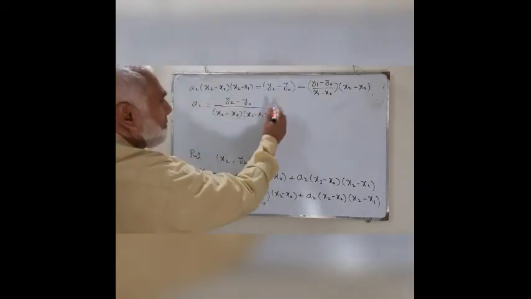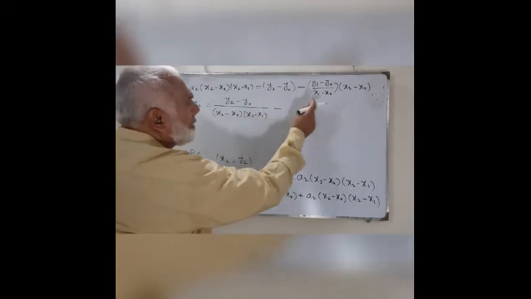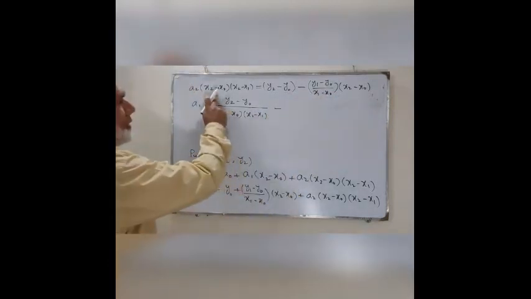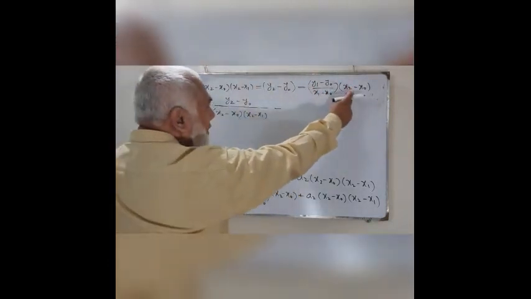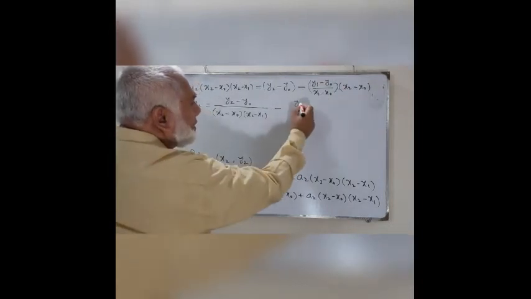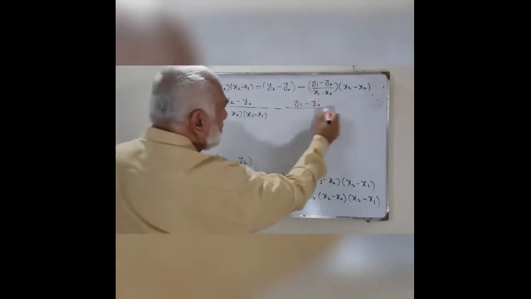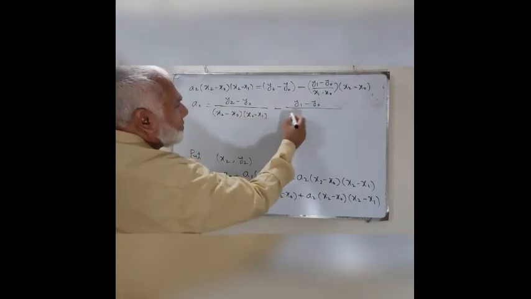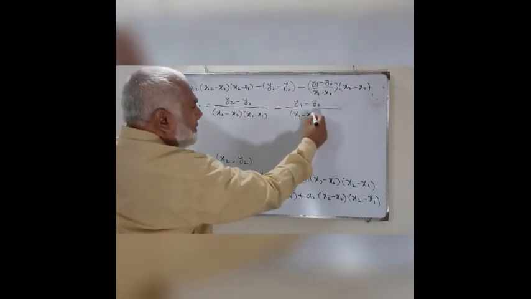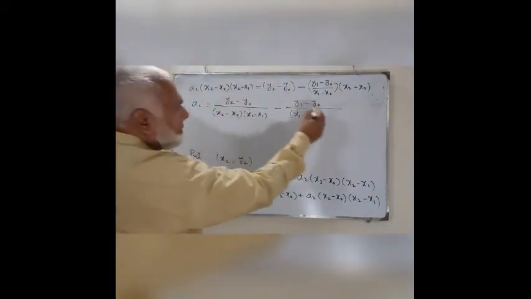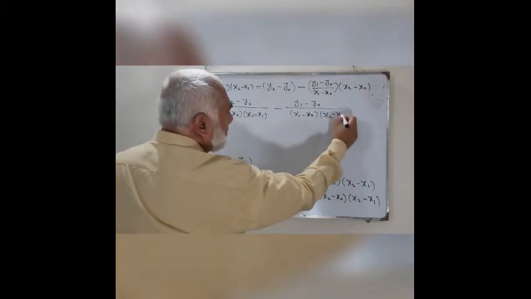Okay, the first term is there, and now on dividing the second term, x2 minus x0 will drop down with this one. In the numerator there is y1 minus y0, whole divided by x1 minus x0, and from here this term as well. Okay, now you can see here we have a more simplified form of the previous polynomial.